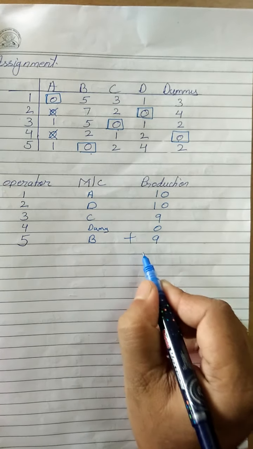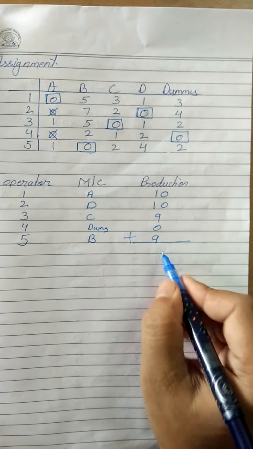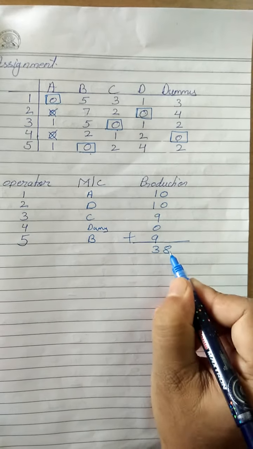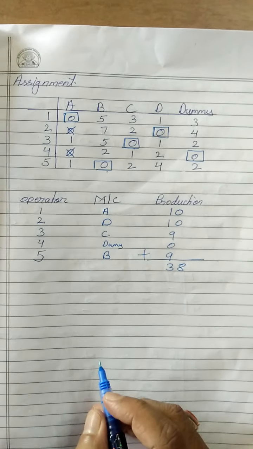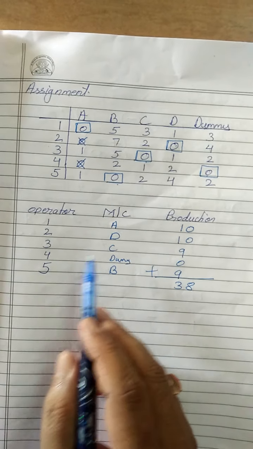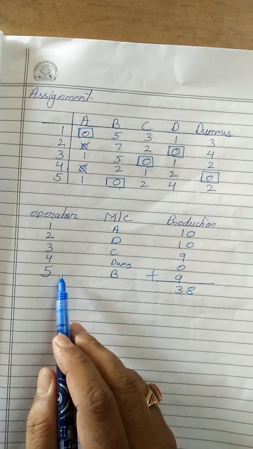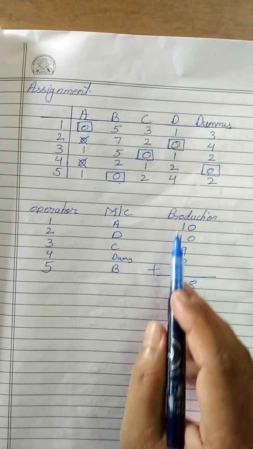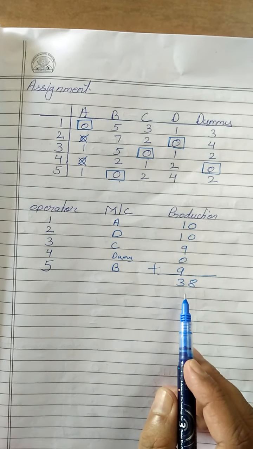After adding all of these, you get a final value of 38. So by making the assignment 1 to A, 2 to D, 3 to C, 4 to dummy and 5 to B, the total assignment profit is 38.